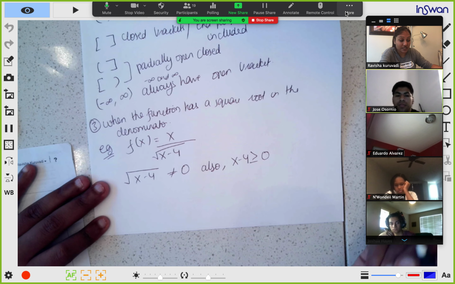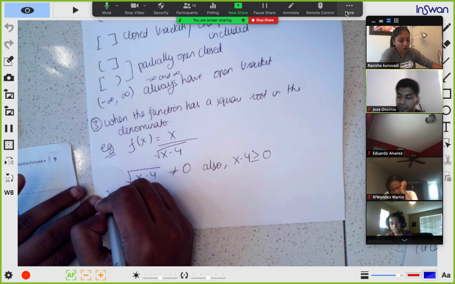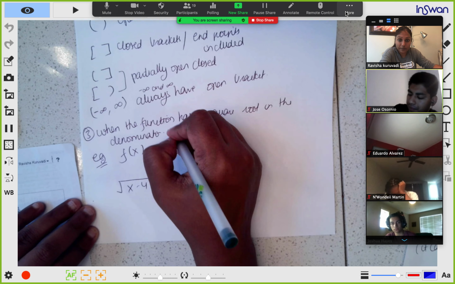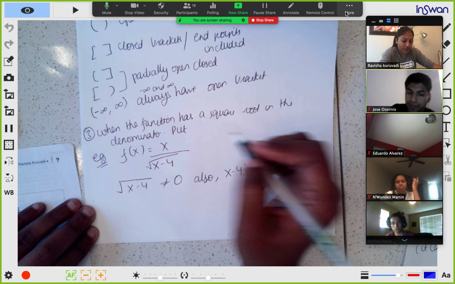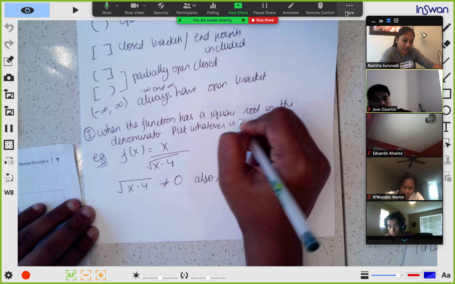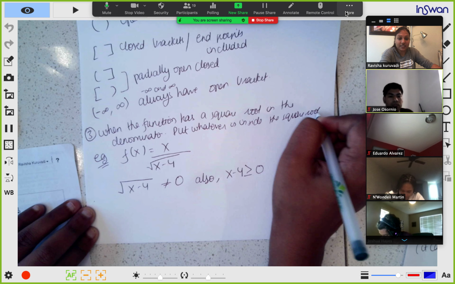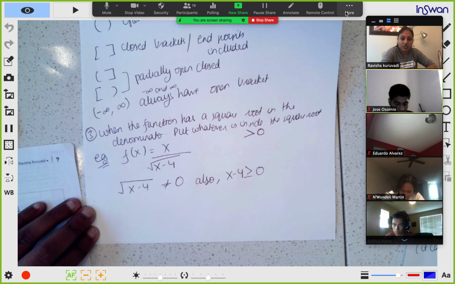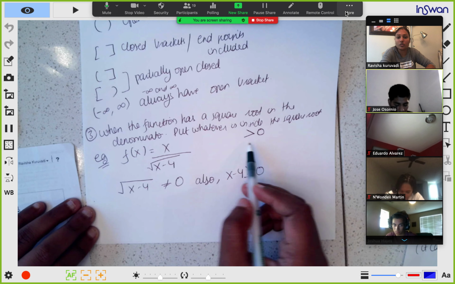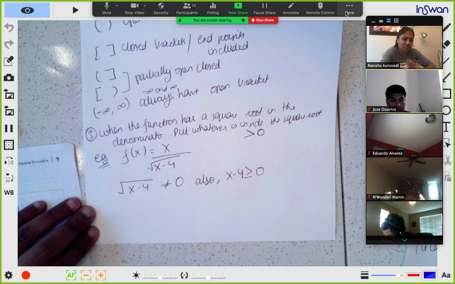So whenever you have a square root in the denominator, put whatever is inside the square root strictly greater than 0. You will not put greater than or equal to 0. There is no equal to sign because it cannot be equal to 0 in the denominator. If it were 0, this function would become undefined. It should be just strictly greater than 0.